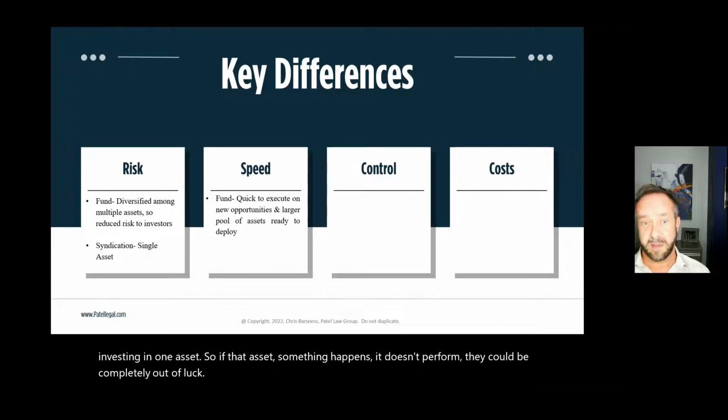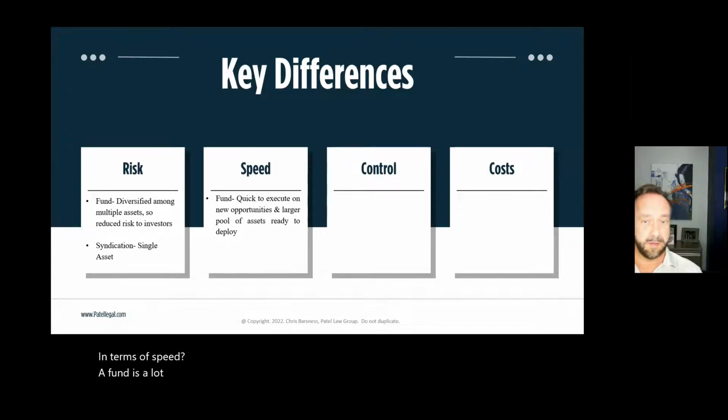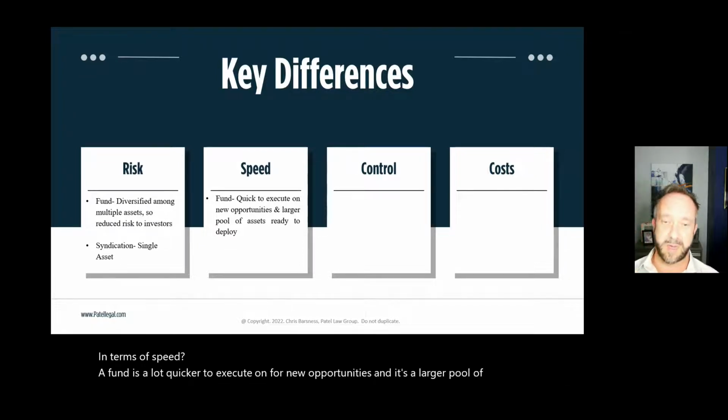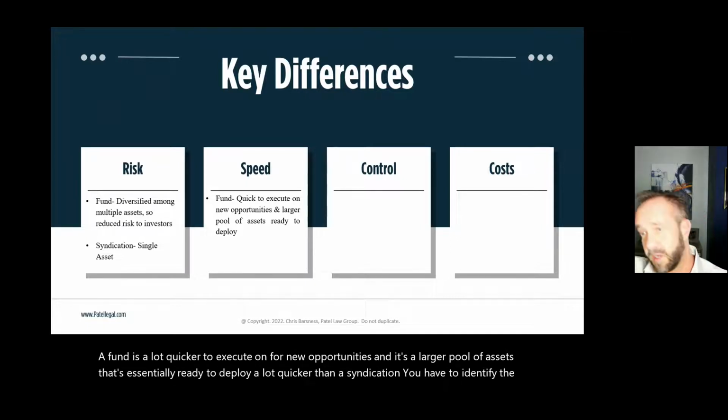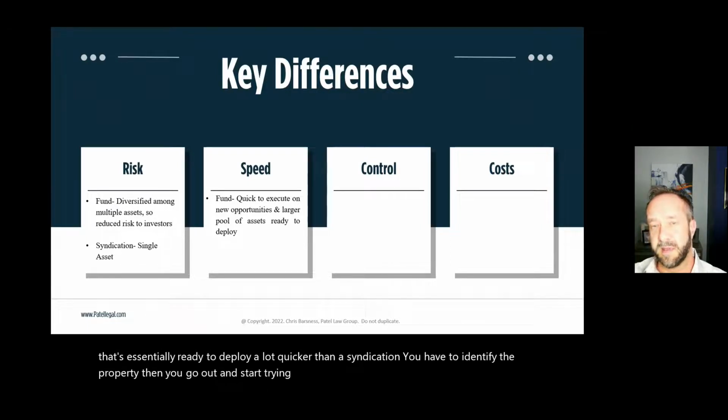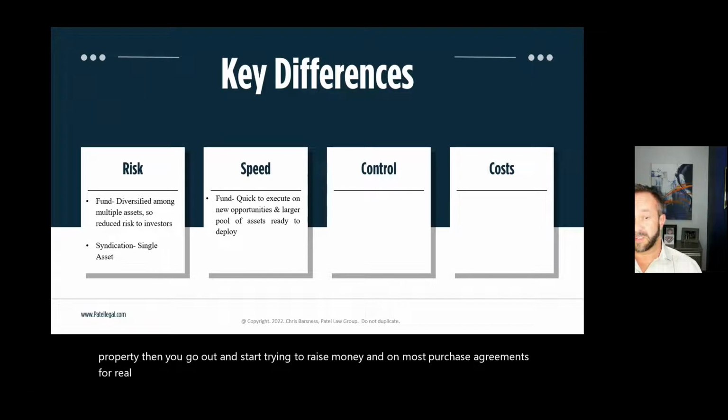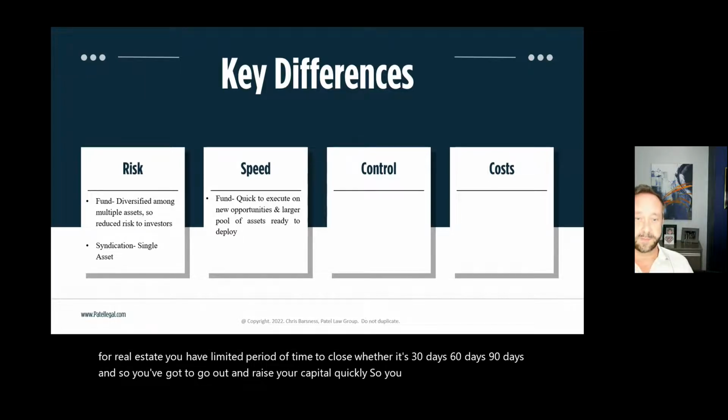In terms of speed, a fund is a lot quicker to execute on for new opportunities, and it's a larger pool of assets that's essentially ready to deploy. A lot quicker than a syndication. You have to identify the property, then you go out and start trying to raise money. And on most purchase agreements for real estate, you have a limited period of time to close, whether it's 30 days, 60 days, 90 days. And so you've got to go out and raise your capital quickly so you can close in time.